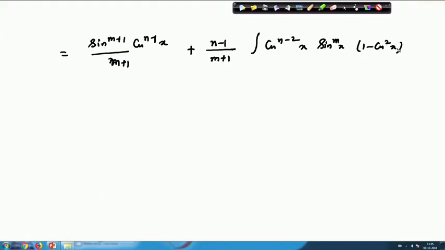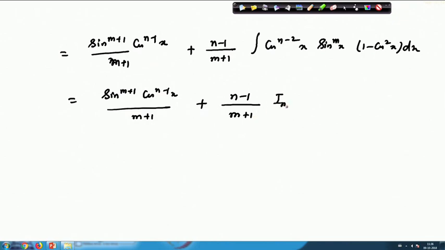Now if I take the first term, this is basically I m n minus 2, and this will be again minus I m n. So I can write this as sin m plus 1 x cos n minus 1 x divided by m plus 1, plus n minus 1 divided by m plus 1 times I m n minus 2, minus n minus 1 divided by m plus 1 times I m n.